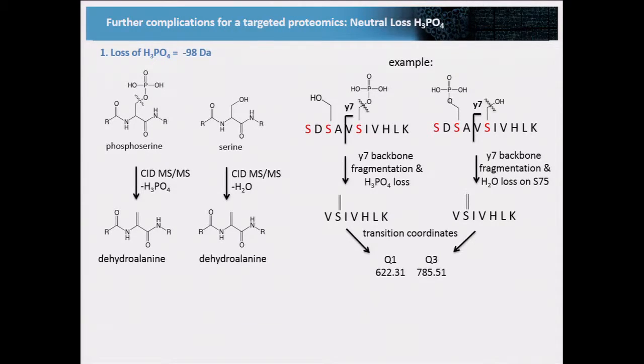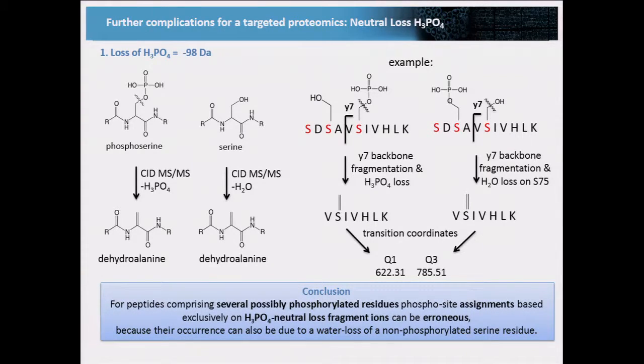And so neutral losses or water losses are one thing that we always need to consider when we choose neutral loss fragment ions for site assignment. We can, and we sometimes do, use them for quantification, since they are sometimes very high abundance ions, depending on the sequence, fragmentation method, and so on. Then sometimes they are very useful for quantification, but they are not useful for site assignment.